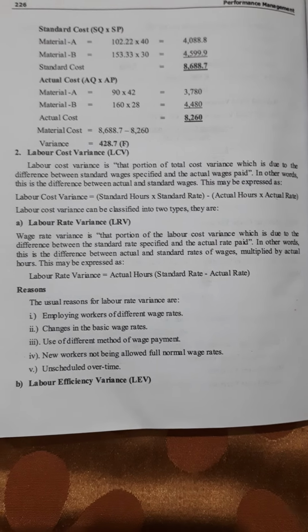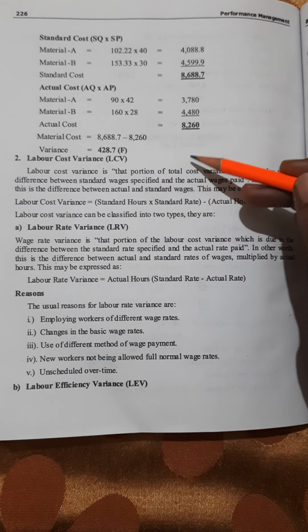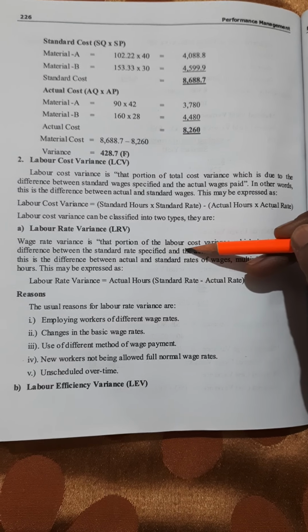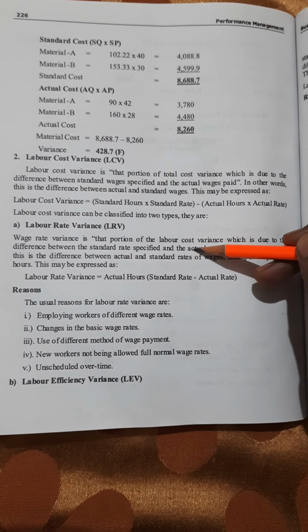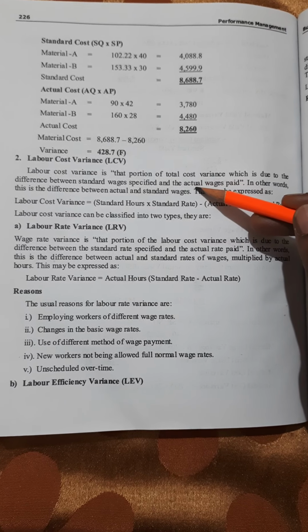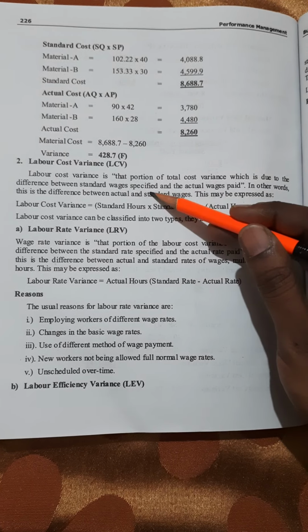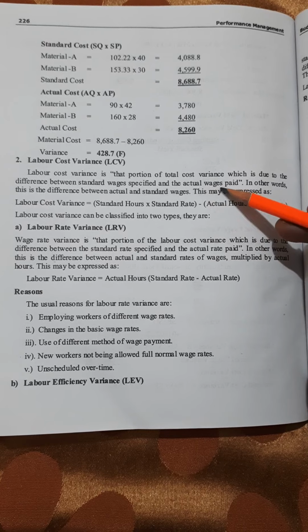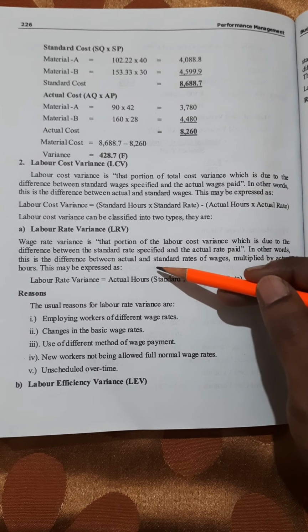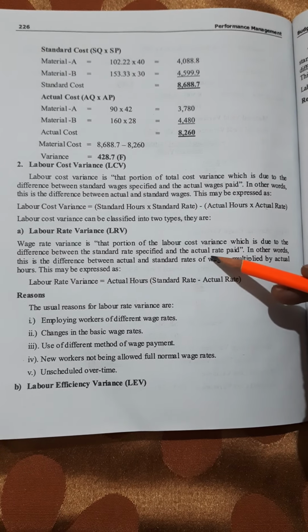Labor rate variance: here we have cost and here we have rate. The meaning is the difference. Earlier it was the difference between standard wage minus actual wage, but here it is standard rate minus actual rate.